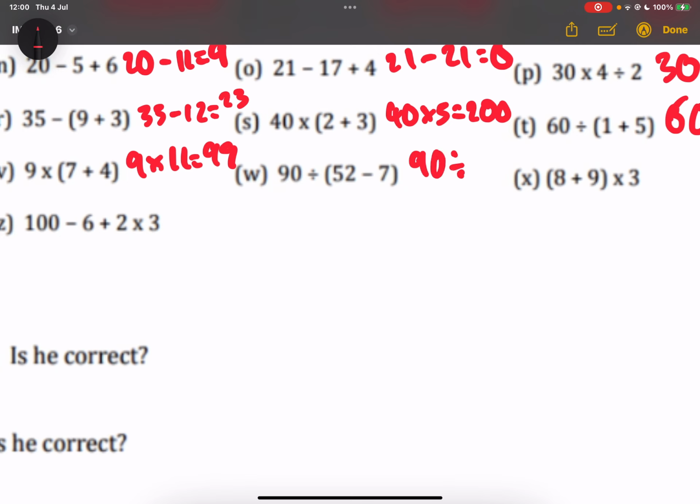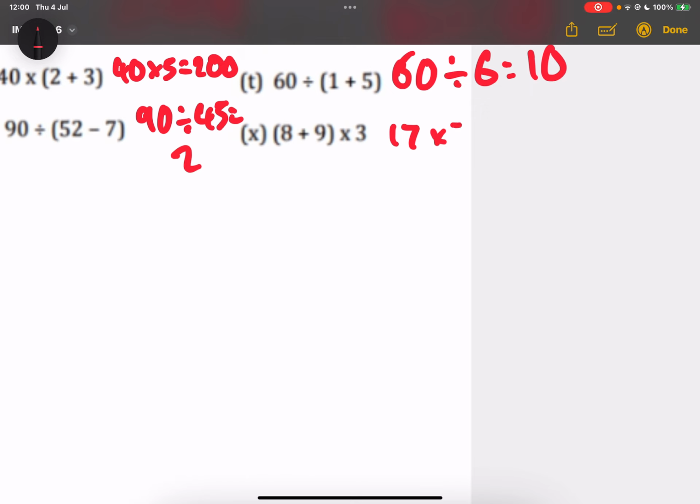Okay, next we have 8 plus 9, which is 17, and then you multiply it by 3. We can use our column method for this one, so 17 times by 3, well, we have 21 here, 51. So X is 51. Y is 10 plus 5 plus 3 times by 3, so because of BODMAS, we're going to multiply first. 10 plus 5 plus 9, which is now just a simple addition, so it's like doing 15 plus 9, which is 24.